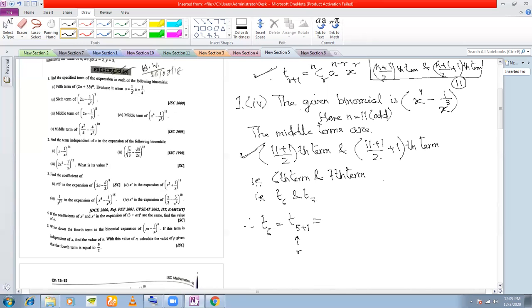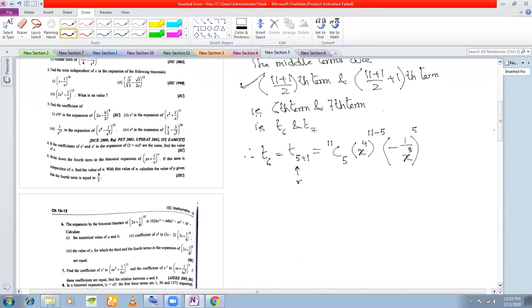Let's now put it in this T(r+1) formula. 11C5. What is a here? a here is x to the power of 4. So x to the power of 4 to the power of n minus r, 11 minus 5. And you have minus 1 by x cube, so minus 1 by x cube to the power of r. r here is 5. So this is your T6.